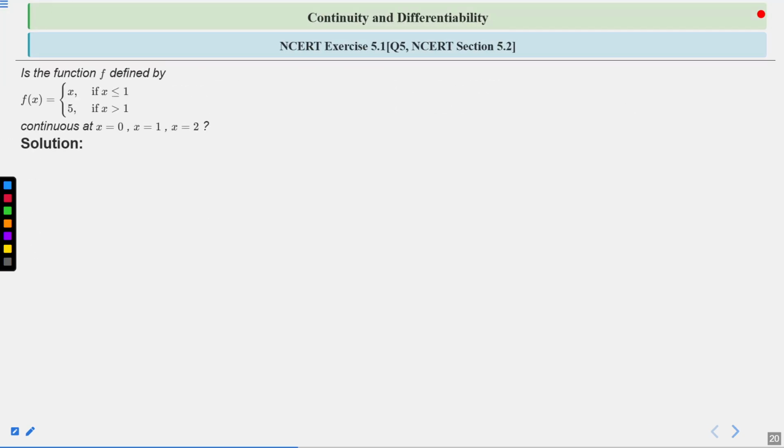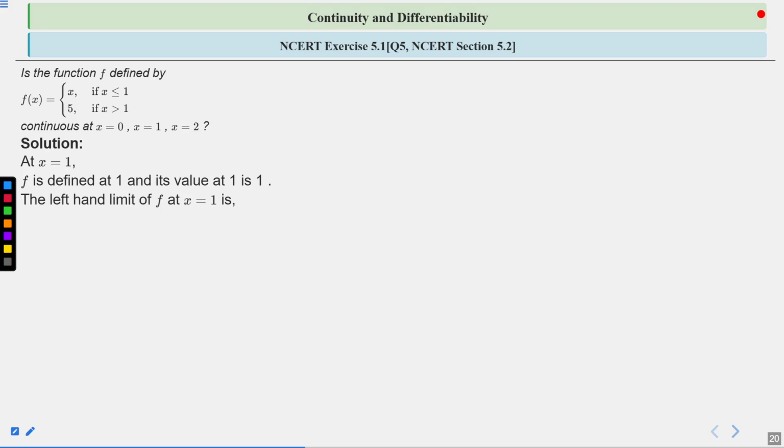Now, let us see at x = 1. See, f is defined at x = 1. And its value at x = 1 is 1. The value of the function at x = 1 is 1 because if x is less than or equal to 1, f(x) is equal to x. So if x = 1, the value of the function is 1.